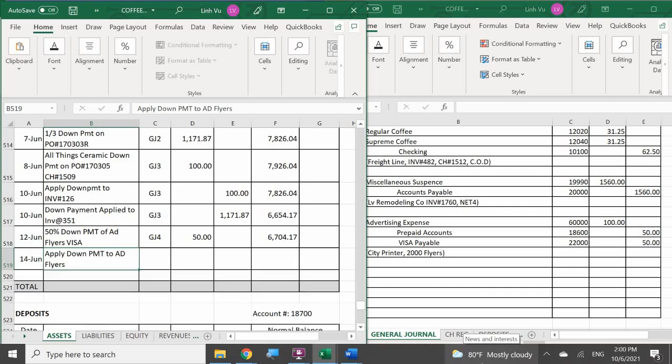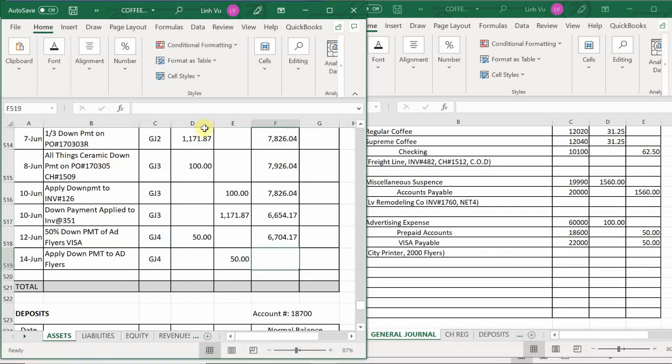Journal 4. And this time we're crediting $50. So what is my total account balance? 665417. Good.